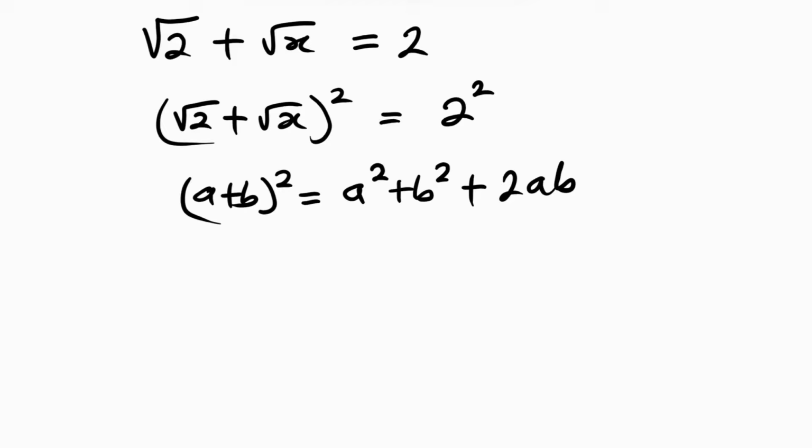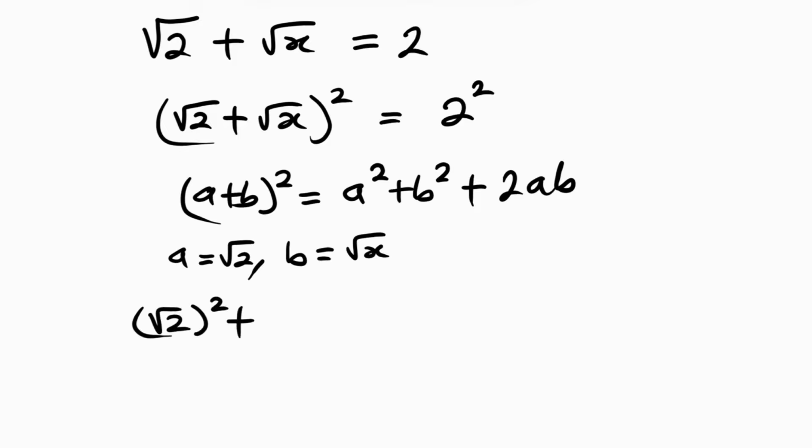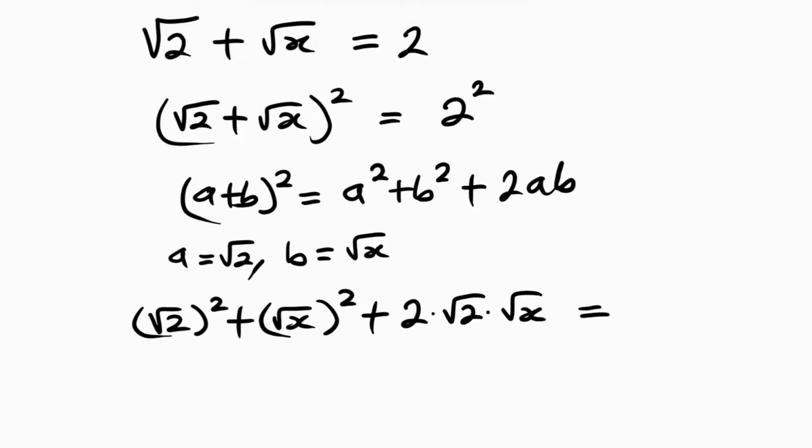So on the left-hand side, our a is equal to root 2, and our b is equal to root x. So now what we have is root 2 squared plus root x squared plus 2 root 2 root x equals 2 raised to the power 2, which is 4.